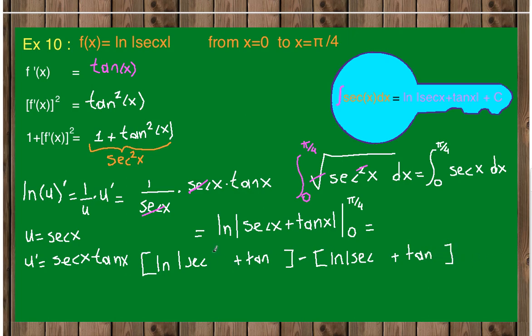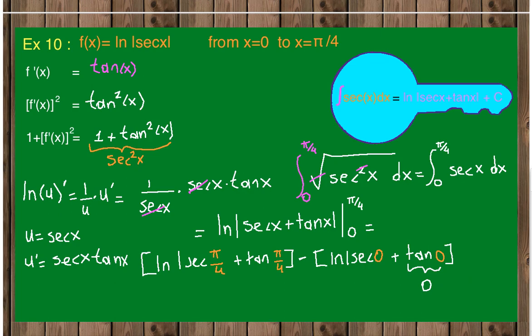Our upper boundary is pi over 4 and our lower boundary is 0. Tangent 0 is equal to 0.